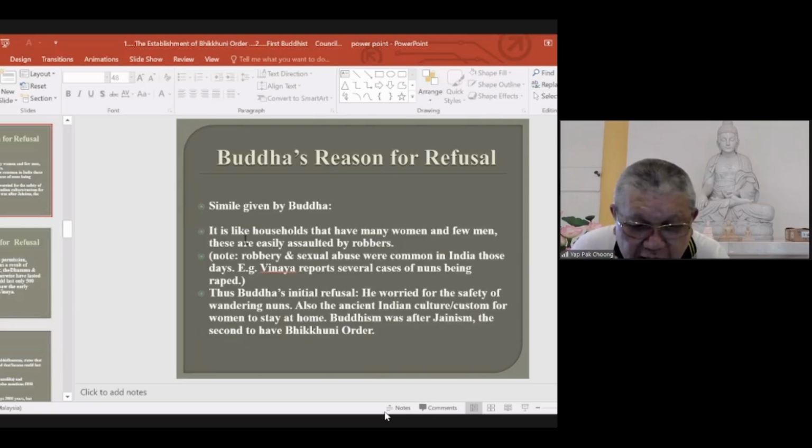The simile given by the Buddha is like a household that has many women and few men. These are easily assaulted by robbers. So that means if a household with a few Sangha suddenly adds in the bhikkhuni, something like this could happen. Thus, the Buddha's initial refusal was worry for the safety of the wandering nun, and also extra worries for the Sangha members. An indirect answer the Buddha gave you.